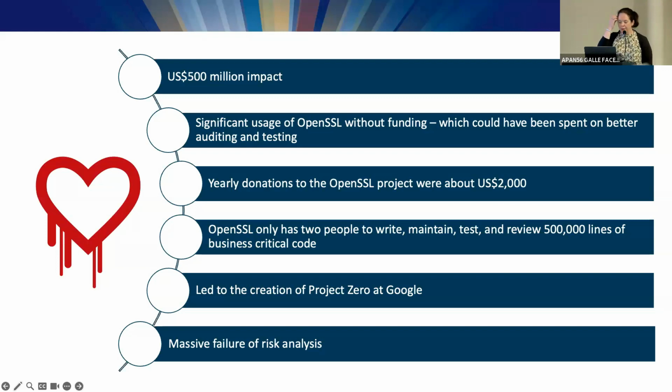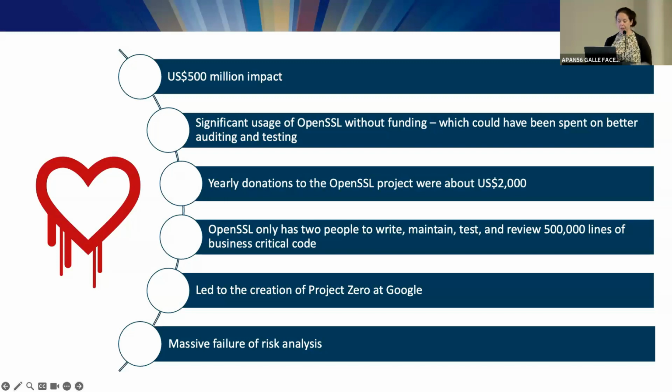It was found in the cryptography layer. The vulnerability was actually introduced to the software in 2012, but was only publicly revealed in 2014. So that's quite scary. This vulnerability was in place for quite a long time. Up until that point, there was significant usage of OpenSSL, but nobody was supporting it.